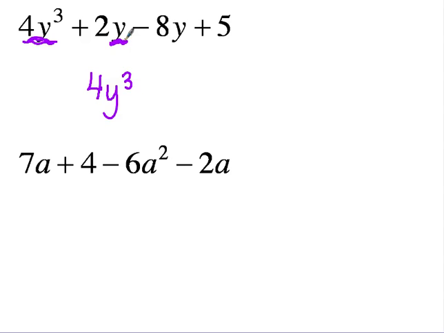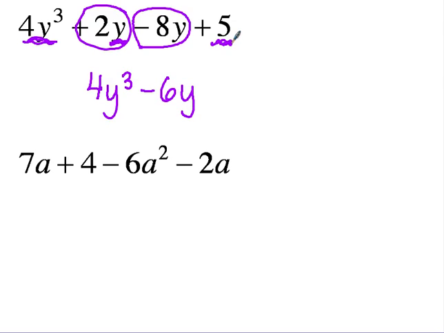Is there another y in the problem? Yeah, there is a negative 8y. So these two are like terms. So I've got a positive 2 and a negative 8. What is a positive 2 plus a negative 8 equal? Negative 6. So I now have a negative 6y. Is there another number in the problem? So my answer is just plus 5.